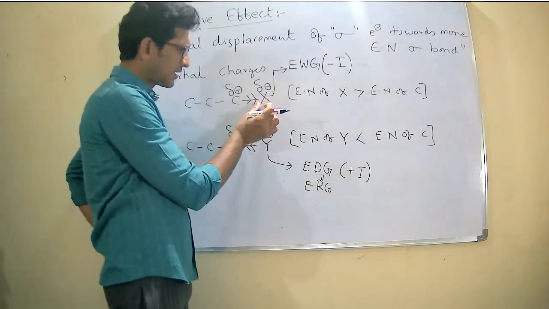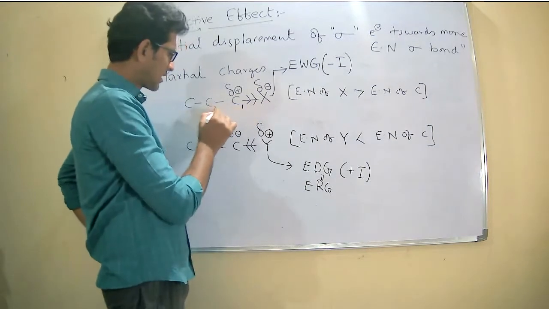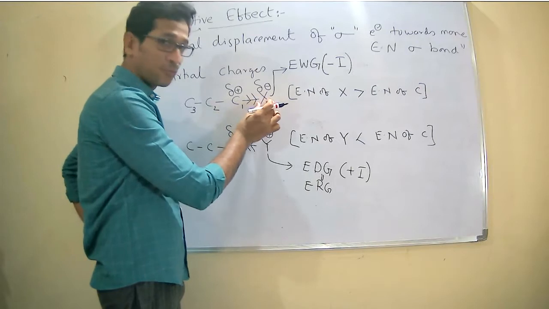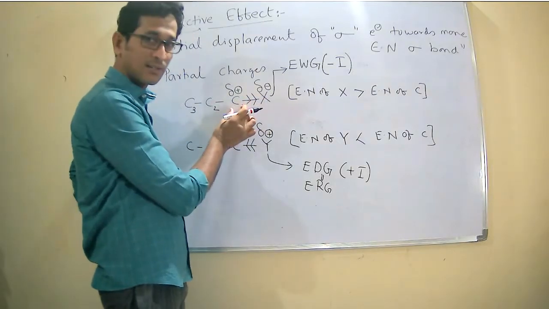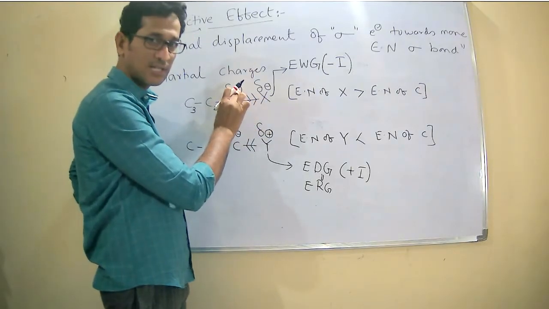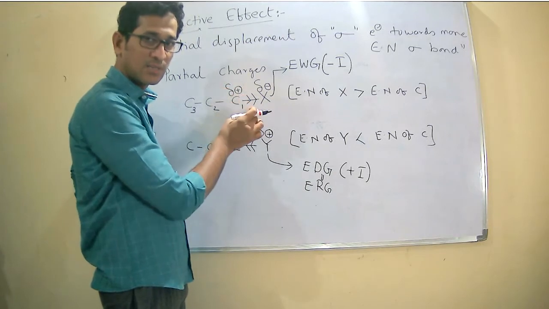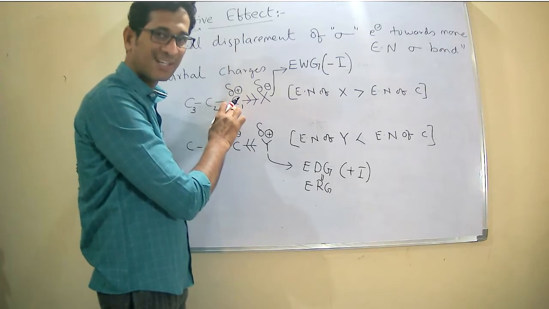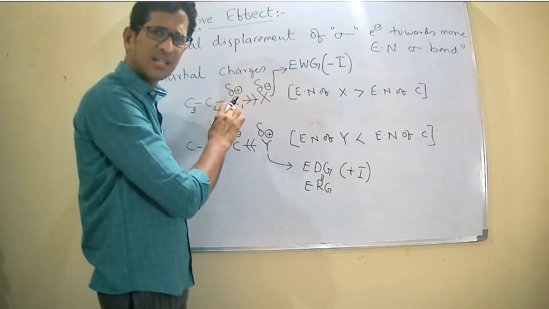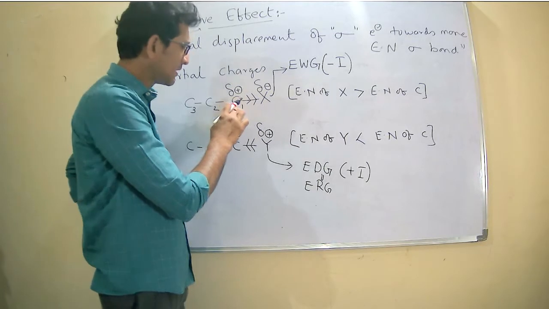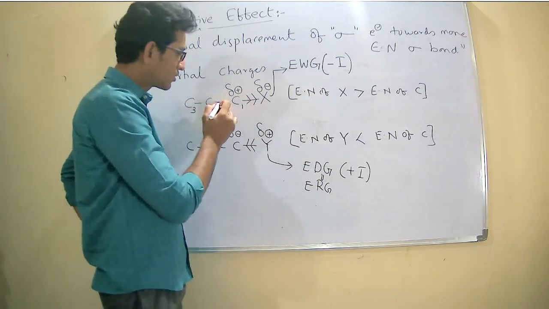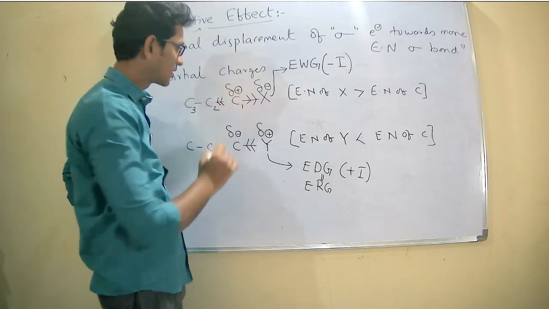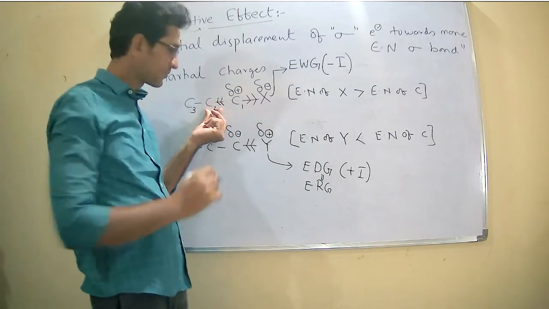Now see here, this is carbon 1, this is carbon 2, and this is carbon 3. X withdraws electrons from carbon 1, therefore the positive charge is developed on the carbon. Once the positive charge is developed, carbon 1 is electron deficient. Then carbon 1 automatically withdraws electrons from carbon 2.